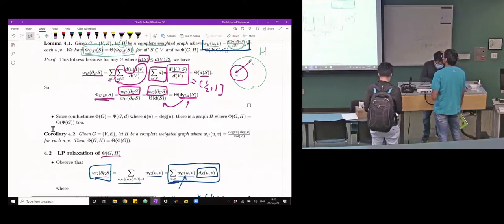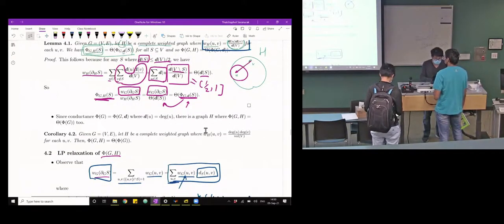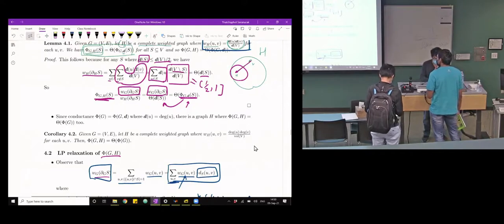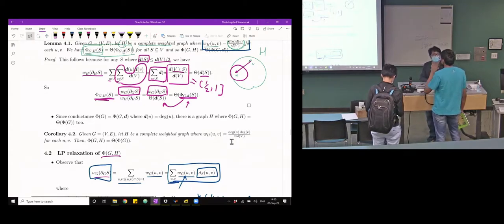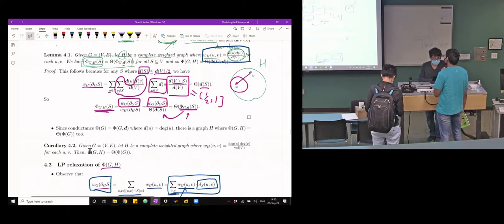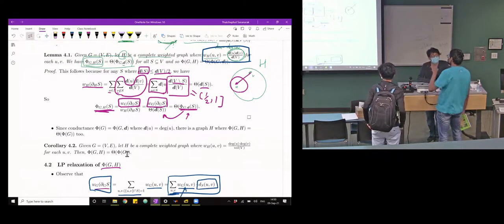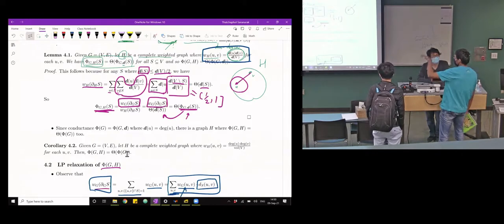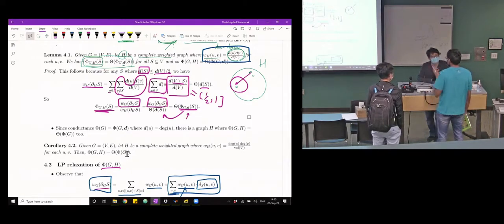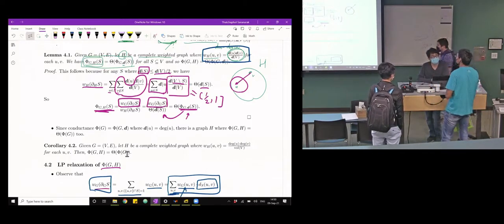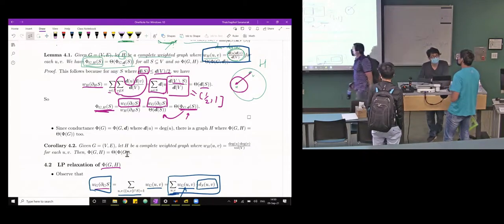If you set the weight in the graph H to be like this, H is complete, but it has these weights. Then they will approximate within a factor of 2. So this is right, but the lower bound for G from H has a log structure. I see.